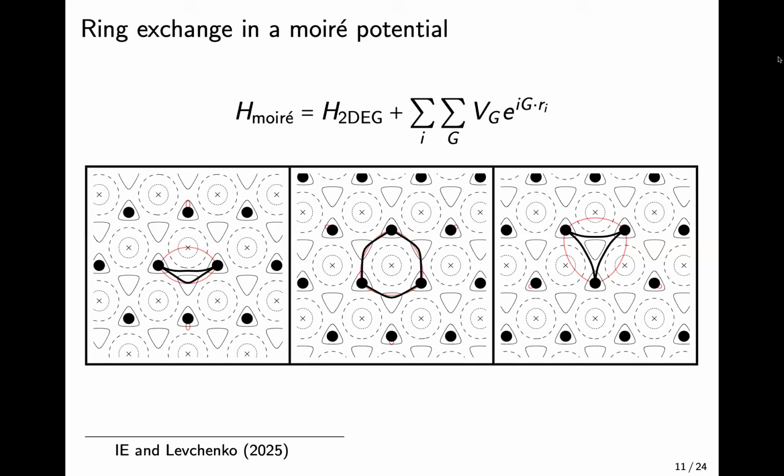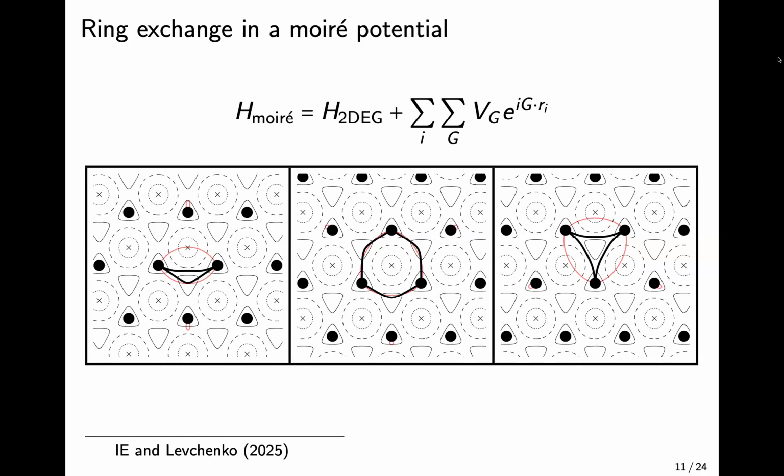The reason is that in this three-particle exchange, the electrons can efficiently move along the minima of the Moiré potential. If I have a honeycomb lattice, there are two inequivalent triangles within a unit cell. So although this exchange process is not much affected, if I look at the other triangle in the unit cell, this one is affected. But the point is just that different geometries of the Moiré potential will influence the nature of these exchange processes.